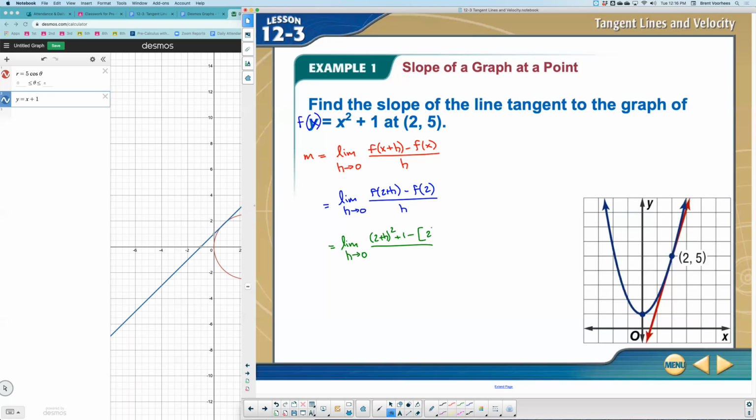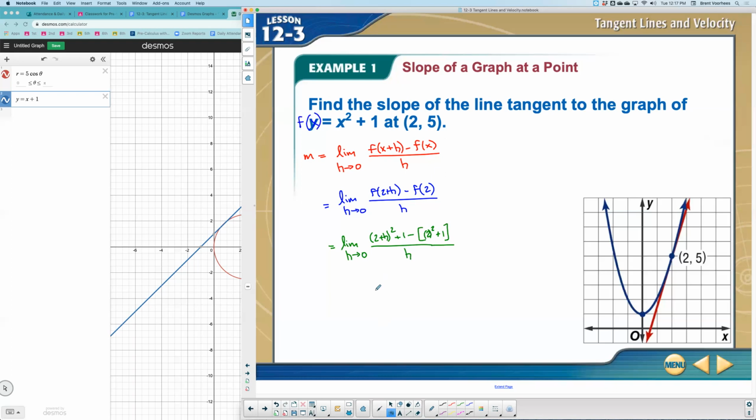When I plug in the 2, I'll have 2 squared plus 1. Since it's a positive, I don't need parentheses, but I'll go ahead and put them around that 2 squared plus 1, and then close that bracket, all divided by h.